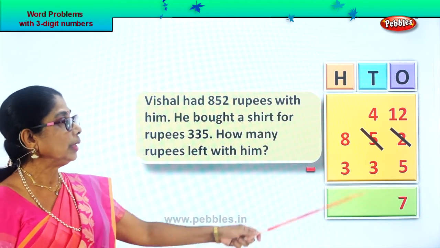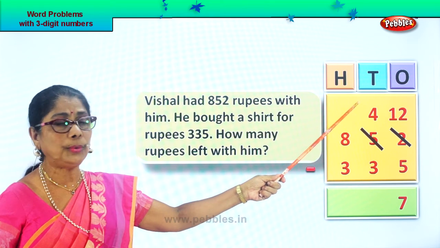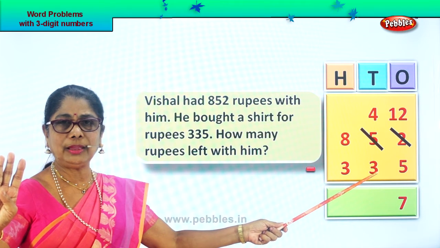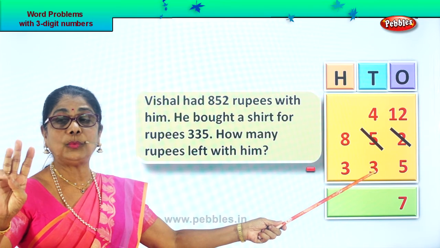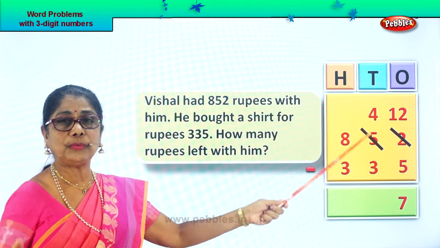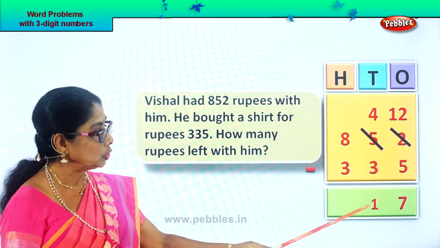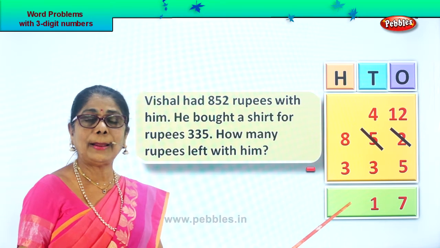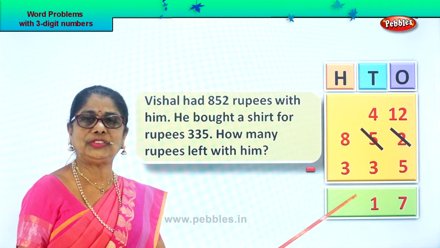Good. Now we go to the tens place. We have 4 minus 3. 4 take away 3. 1, 2, 3. How many left? 1. So we write 1 in the tens place. In the hundreds place, you have 8 minus 3. 8 take away 3.